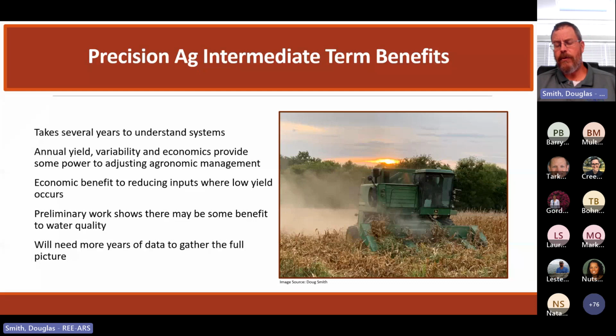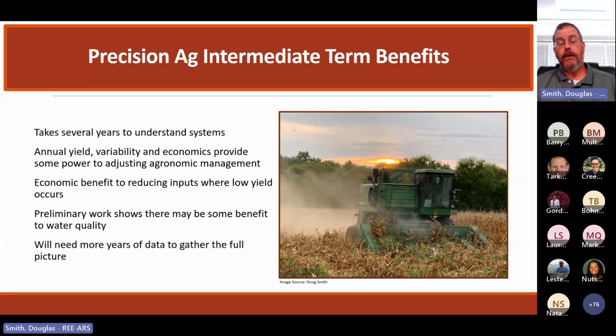It does take several years to understand the system, but we think that when looking at annual yield, the variability in yield and economics, it really does provide some power in adjusting the management within the field. I think we're very lucky to have an ag economist on our team, and bringing this information in and helping us adjust fire on these low yielding areas has shown to be a benefit.